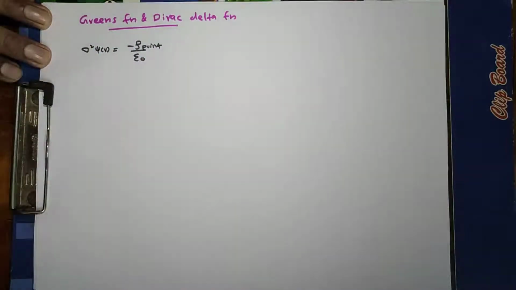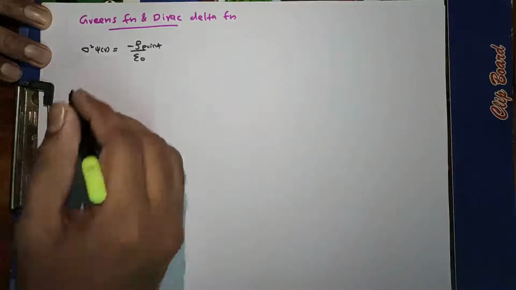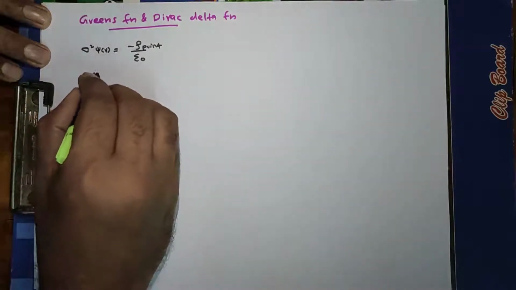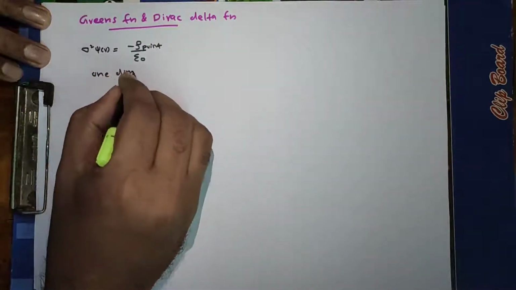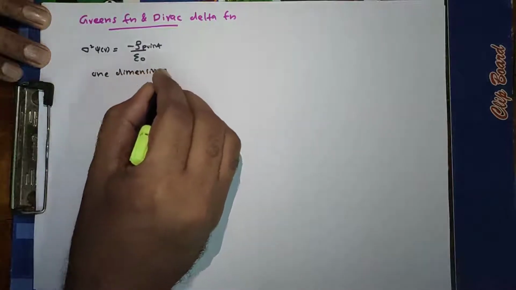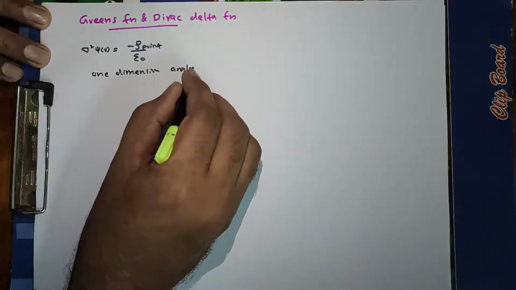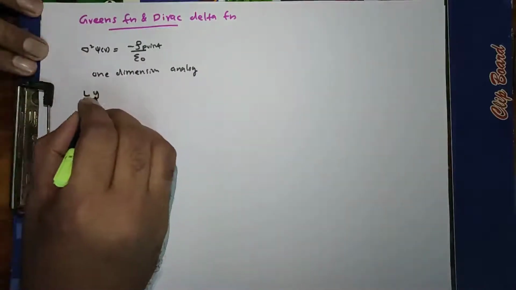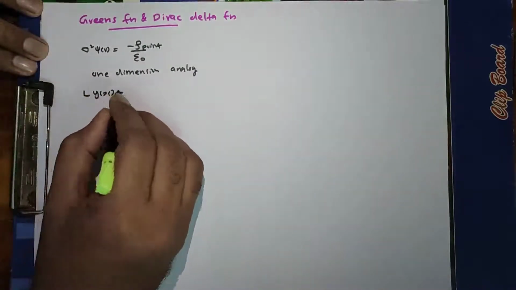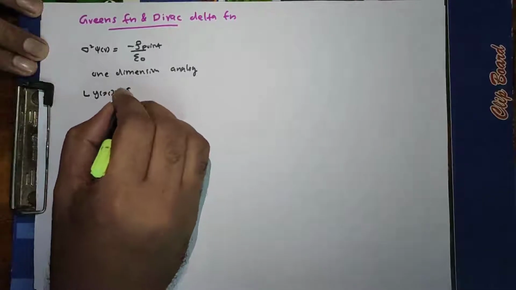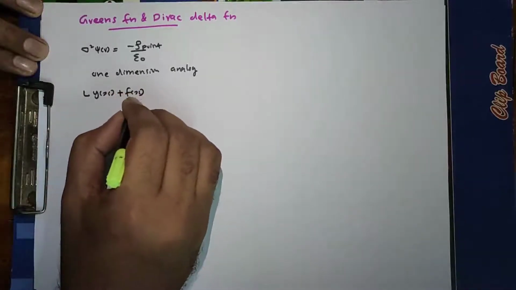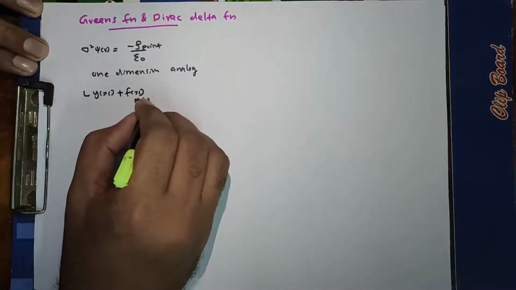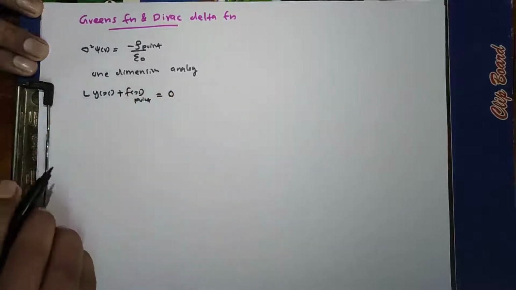Now I can take the one-dimensional analog of this equation as L operating on y of x plus some f of x point is equal to 0.